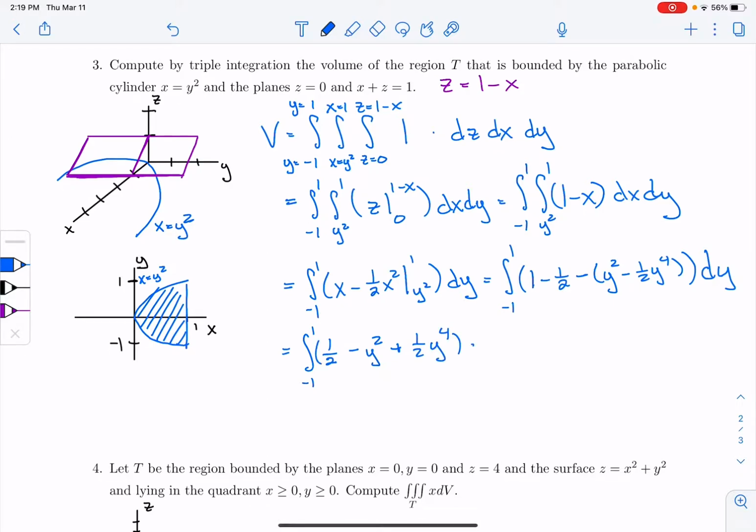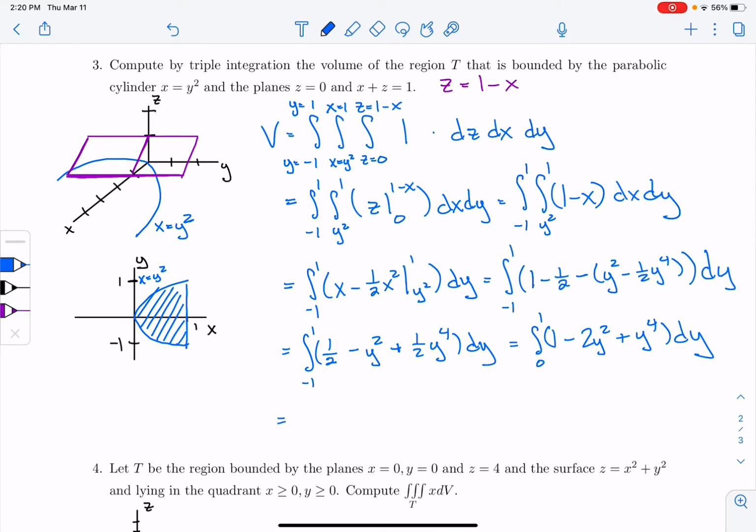All of that I'm going to integrate dy. I'm going to notice that that is an even function, and so there's a symmetry there, so I can actually do twice the integral from 0 to 1. So I'm going to multiply everything by 2, so I'm going to get 1 minus 2y squared plus y to the 4th. And I'm going to integrate that from 0 to 1 dy.